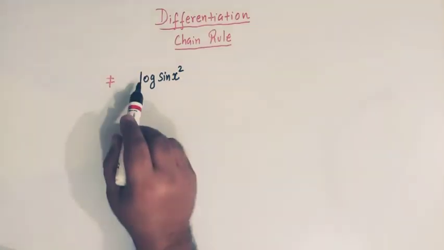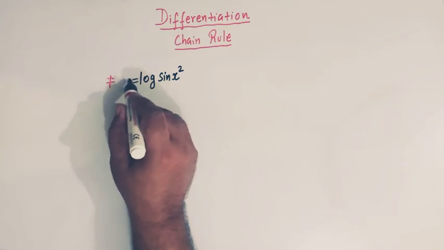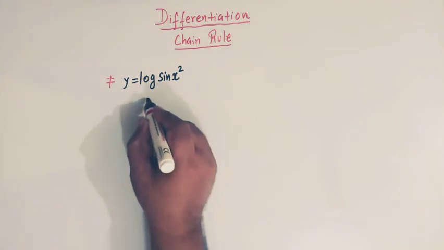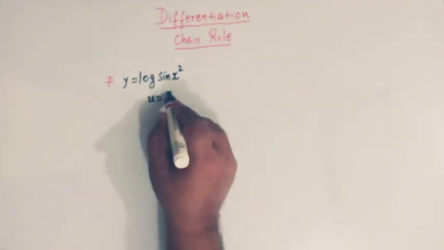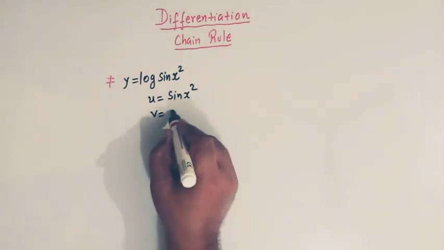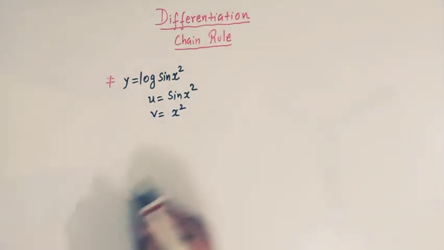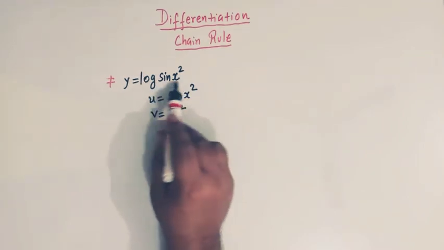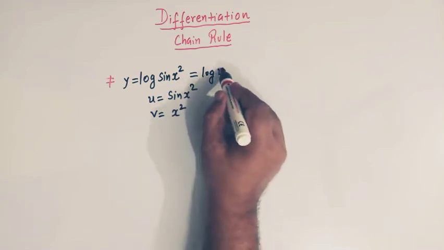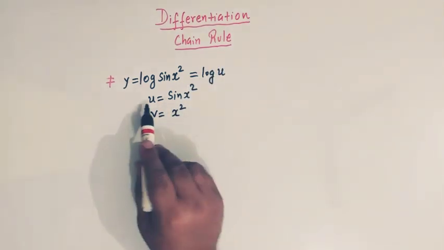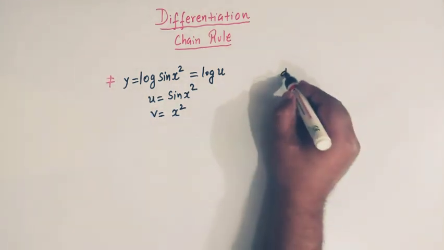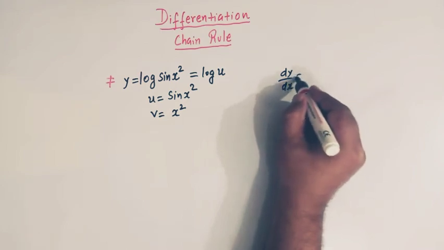Now let us differentiate this function with respect to x. So let y = log(sin x²). So here what we will do, we'll take u = sin x², right? And v = x². Now this function becomes log u, and we have to find the derivative of y with respect to x, right?